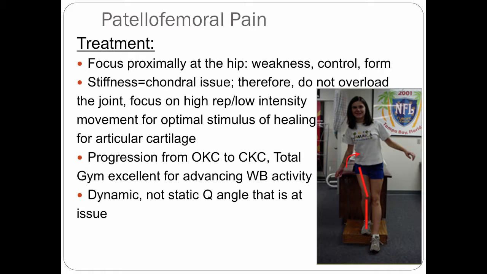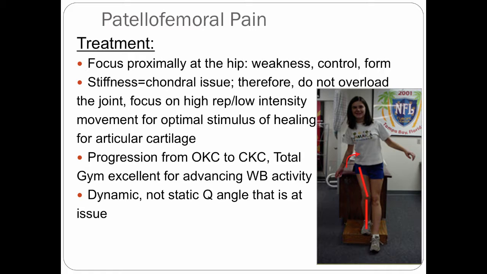If they do have stiffness, we know that's likely from a chondral issue. So we don't want to overload the joint; we want to focus on high repetition, low intensity for optimal stimulus for healing of the articular cartilage, to feed and provide nutrition to that articular surface. Remember, the chondral surface has no vascularity, so it gets its nutrition from the joint side.